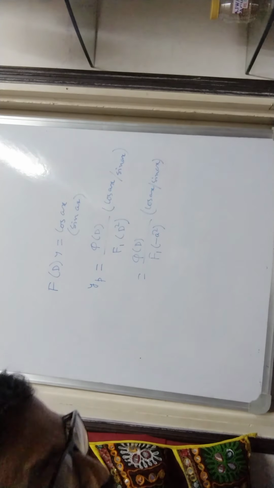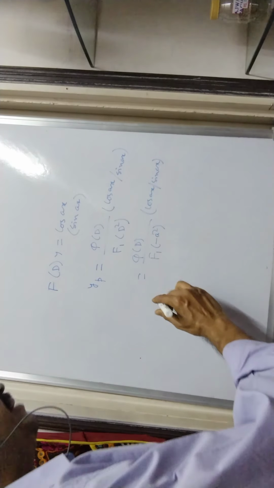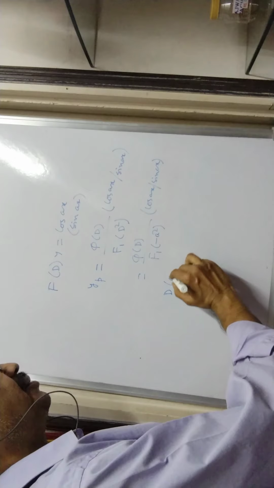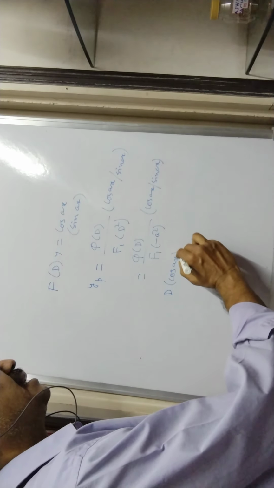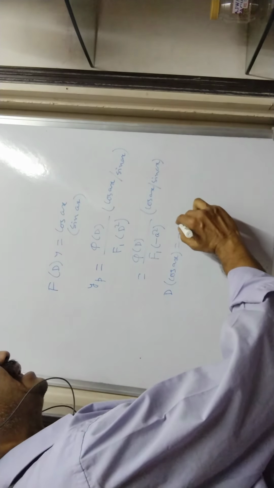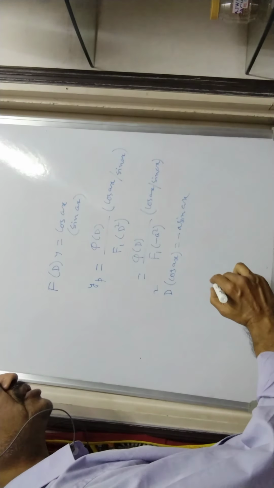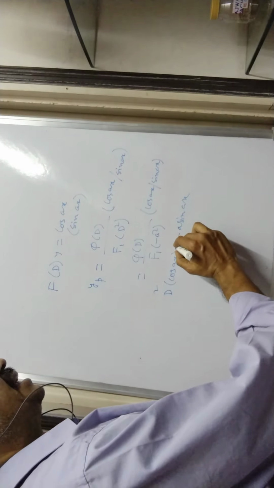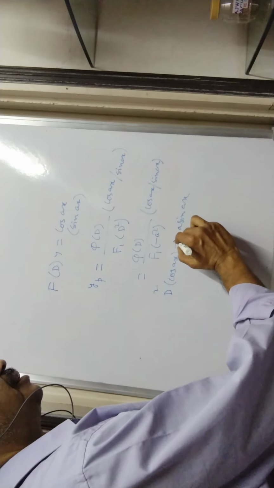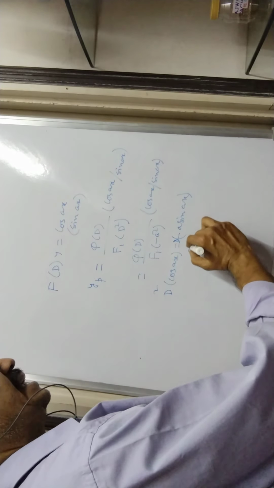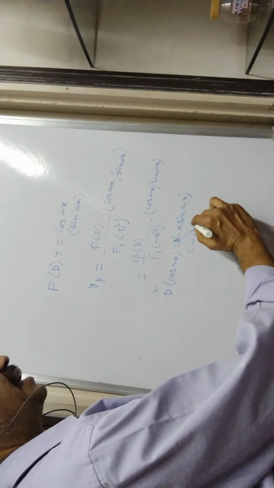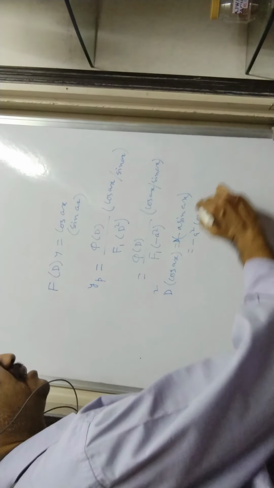This becomes so because whenever we have d of cos ax, it is minus a sin ax, and whenever you have d square of cos ax, that means we have d of minus a sin ax, and this becomes minus a square cos ax.